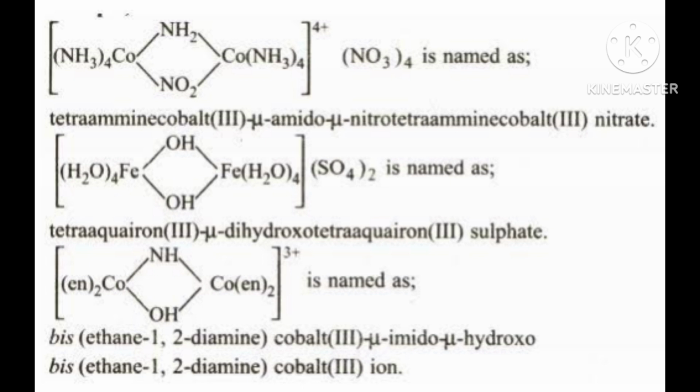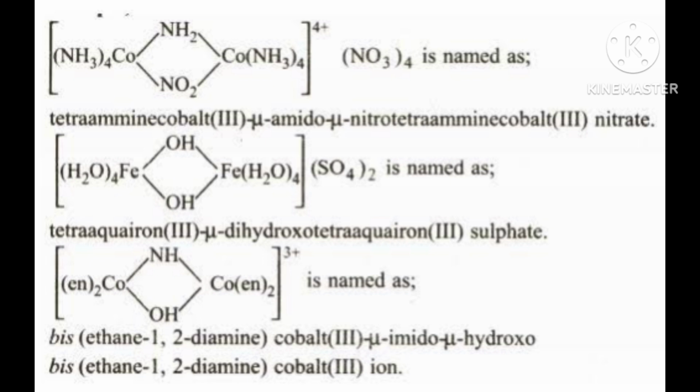Those of neutral and cationic ligands are the same, except for aqua for H2O. For H2O you write aqua, otherwise the name stays the same.